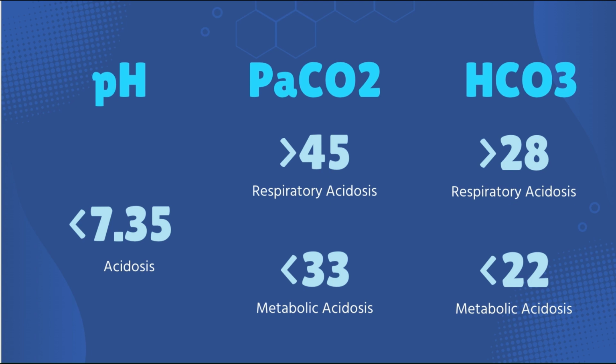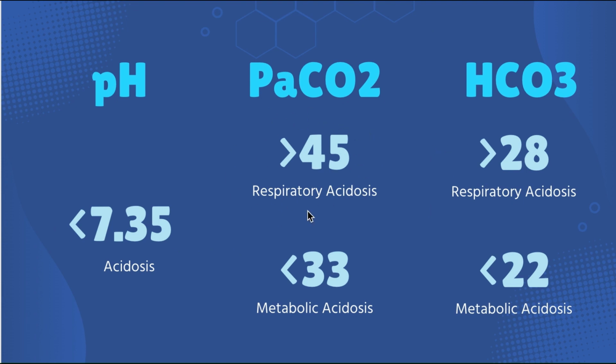Now, in this case, you can see that the high PaCO2 causes respiratory acidosis. And also, we see that the HCO3 is high. So we said when the HCO3 is high, it means that the blood is more basic, because this is a basic component. So why in this case is it high? As we mentioned earlier, to maintain a normal or a neutral pH, these two are constantly going up and down, trying to compensate for each other.